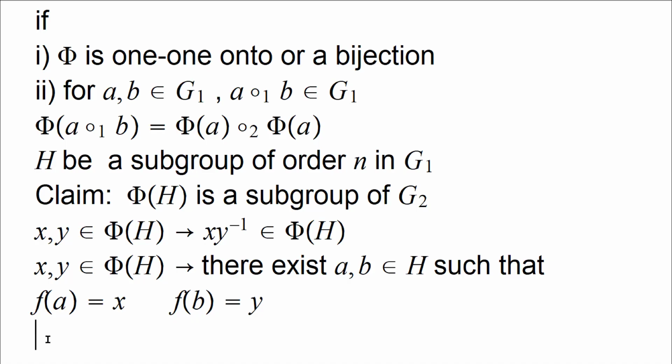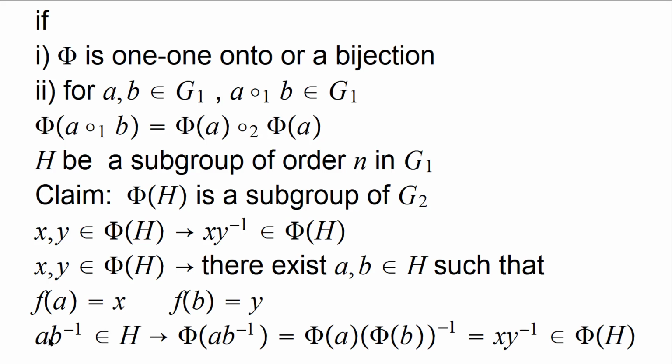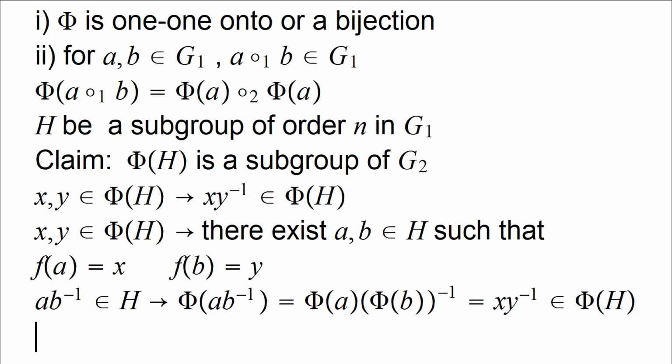So we just showed on our blackboard that phi H is a subgroup of G2. Now, remember, by part 2 of this theorem that we just did, from our book, Abstract Algebra: Theory and Applications by Judson, these two would have the same order.